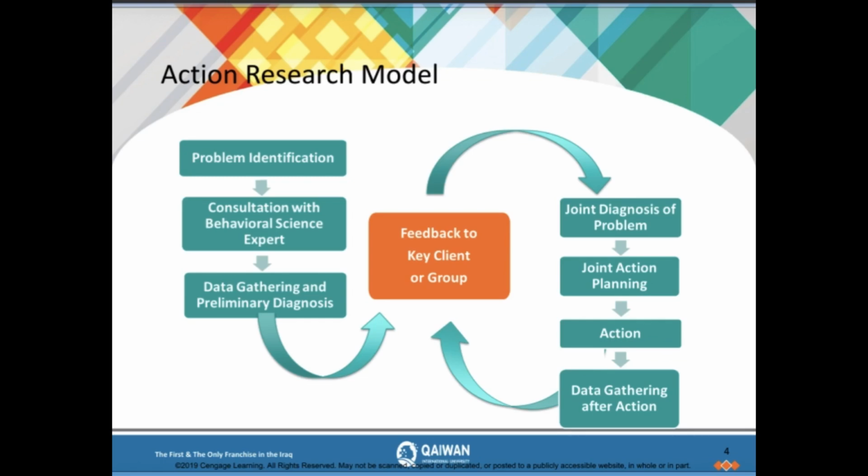Suppose employees are dissatisfied with their jobs. Instead of guessing the problem, the organization follows a structured process. First we start with problem identification. This means clearly defining what the issue is.